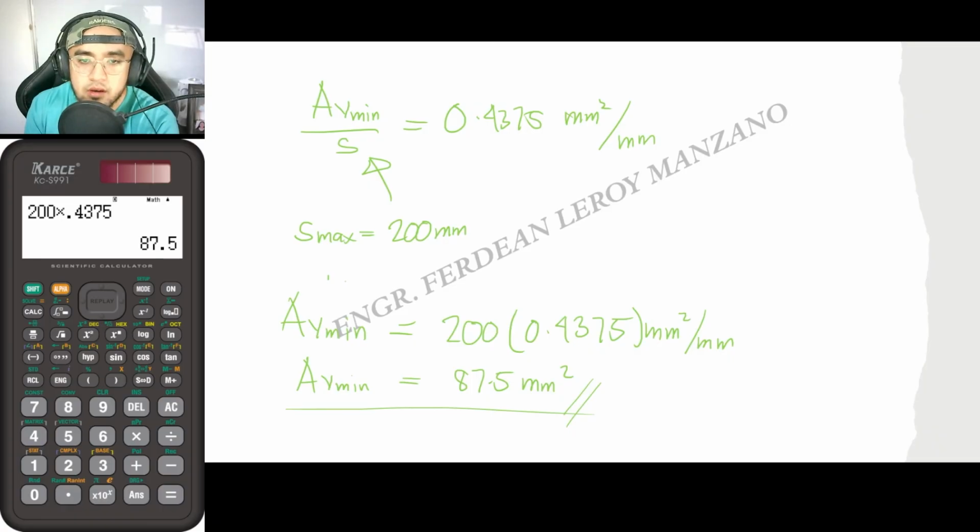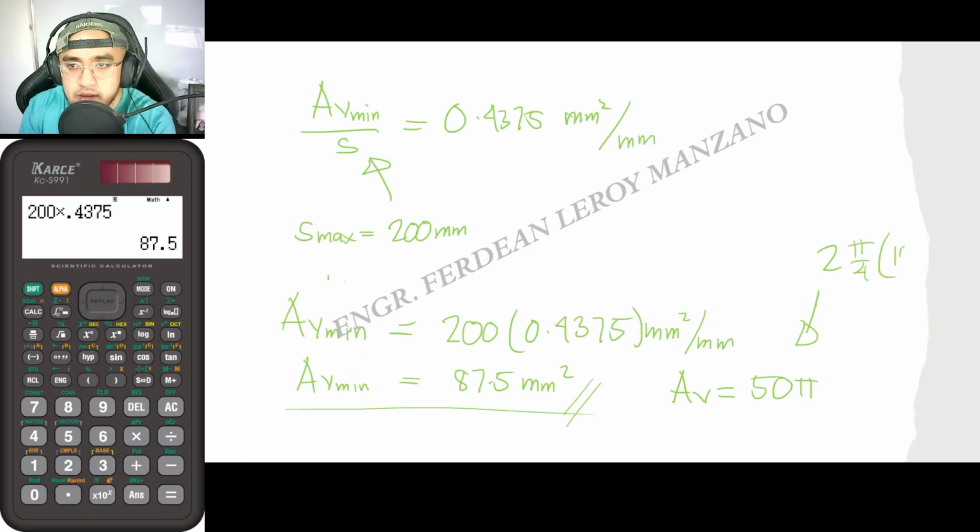Okay, so if that is the limit, what is the AV actual? So from the previous computation, we have solved for AV equal to 50 pi, or that is equal to, this came from the equation 2 legs times pi over 4 times 10 squared. So dyan po nanggaling itong 50 pi na yan.